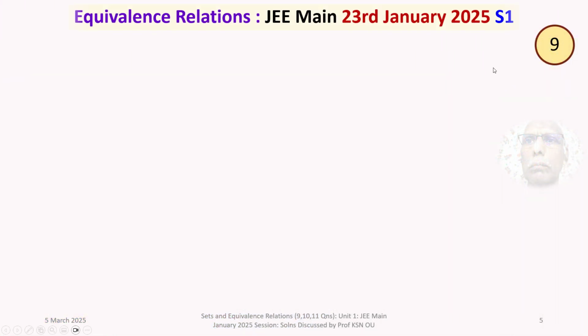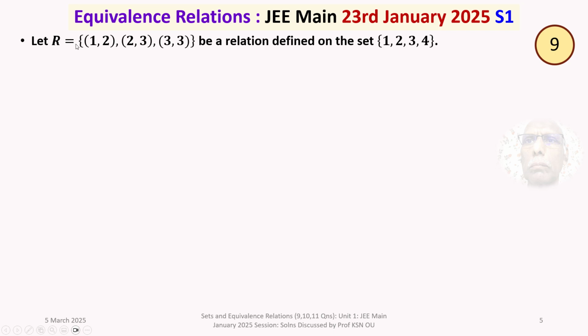Question number 9. This question has appeared in the JEE Main 23rd January 2025 in the morning shift. It is related to equivalence relations. The given question is: let R be the set consisting of three ordered pairs (1, 2), (2, 3), (3, 3), a relation defined on the set consisting of 4 elements 1, 2, 3, 4.